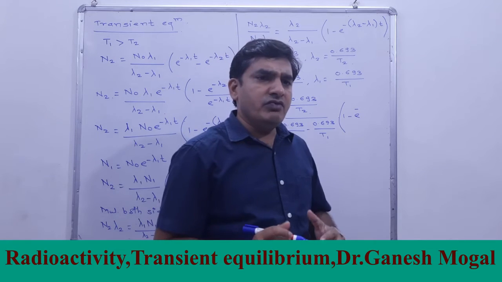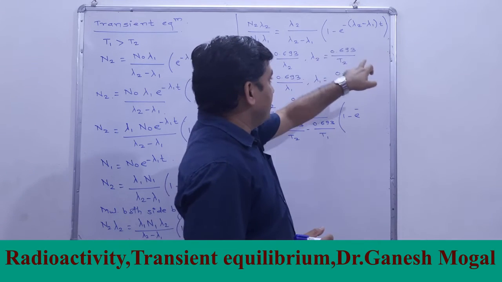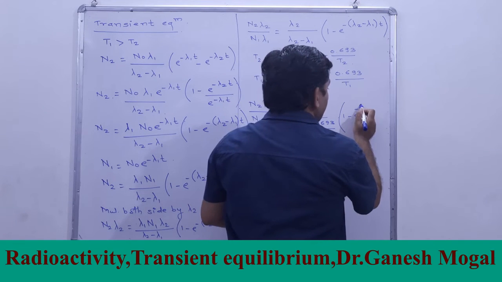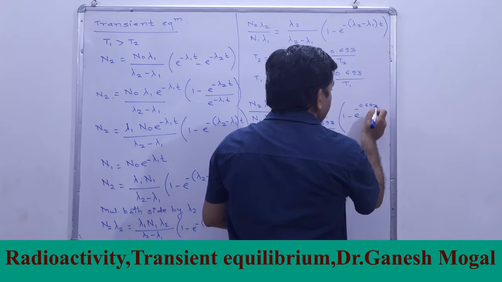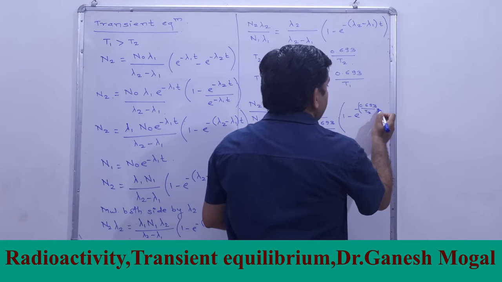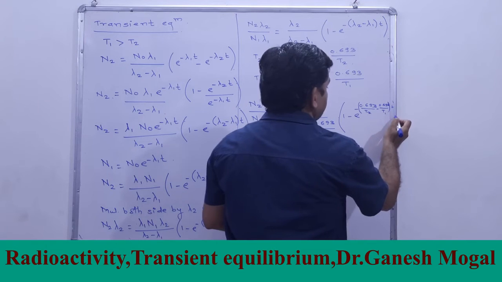Again, when we put the value of lambda 2 here, we get 0.693 divided by T2 minus 0.693 divided by T1 into t.